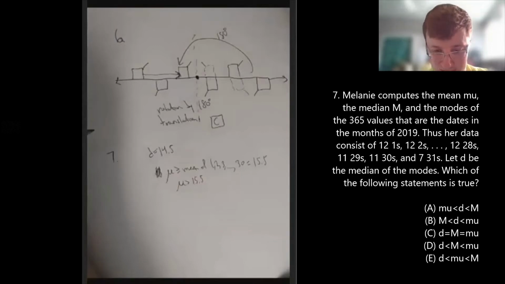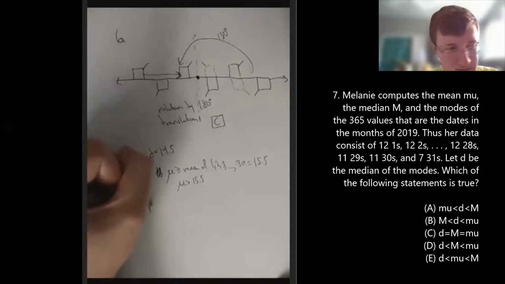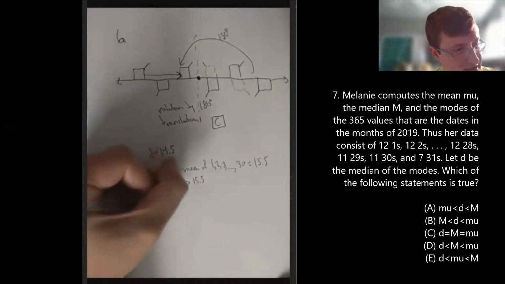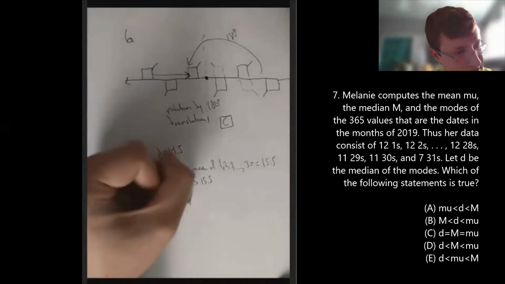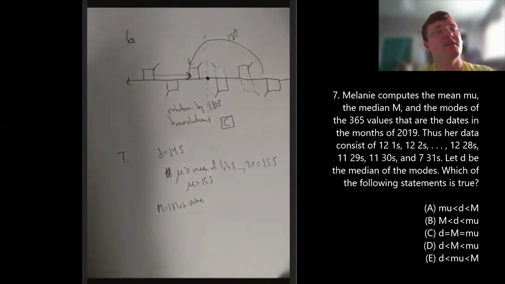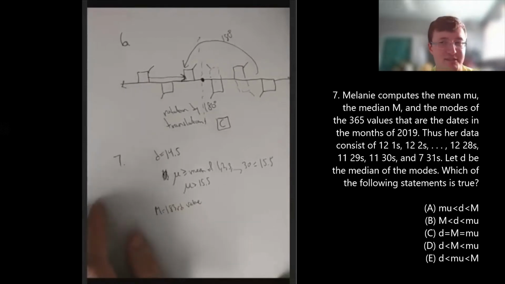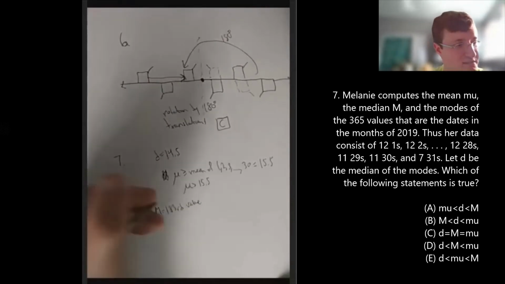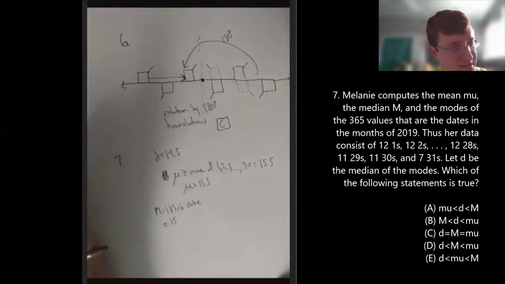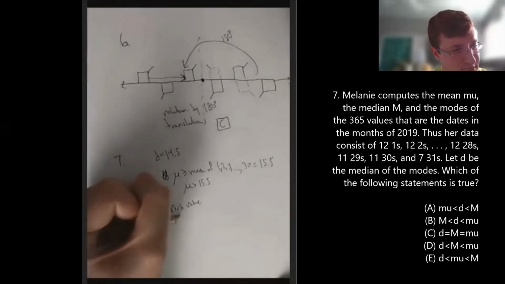And the median, let me think about that. So we have to go through half of 365 in, so we're looking for the 183rd value. Okay, so I go 183 divided by 12 is about 15 times 12.